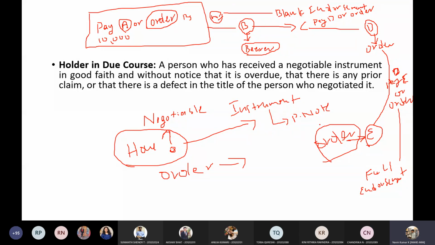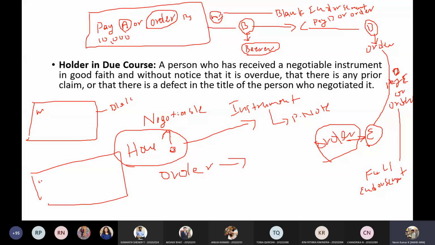To put it simply, if a person, while endorsing at the backside of the instrument, puts just a mere signature, this is the blank endorsement. And if anybody, while transferring the instrument, along with the signature writes certain words, pay D or order, this becomes a full endorsement. In order to retain the very important feature of the order instrument, it is always advisable to write the words pay D or order.